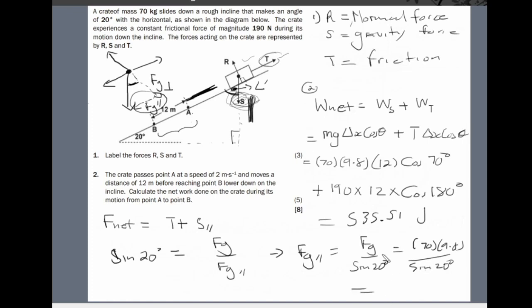We'll get what the Fg parallel is: 70 times 9.8 divided by sine 20. Fg parallel will be 2005.73 newtons. Now this is the gravitational force which does work on the object, right?